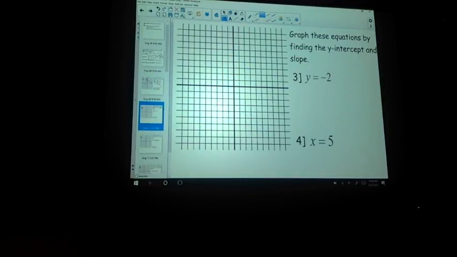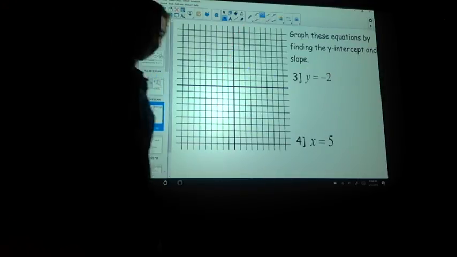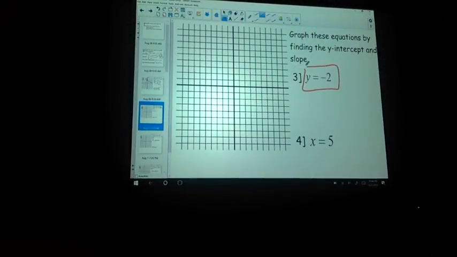All right, graph these. Don't be like the kids in Algebra 1. Don't answer the question saying it's a straight line. What kind of line is y equals -2? Horizontal, so it goes through -2. This would have a slope of 0. What about this one? What kind of line?